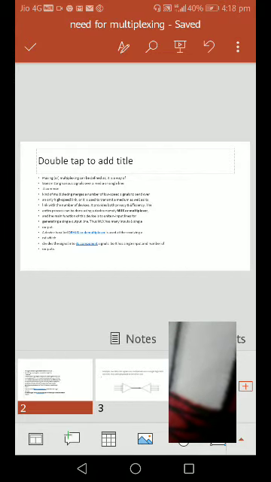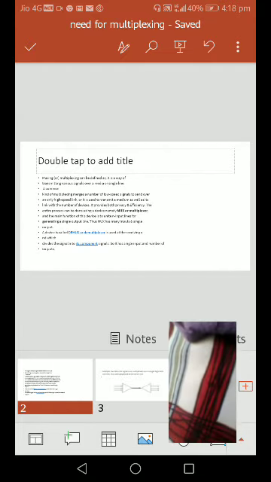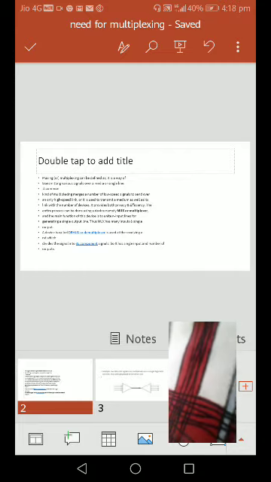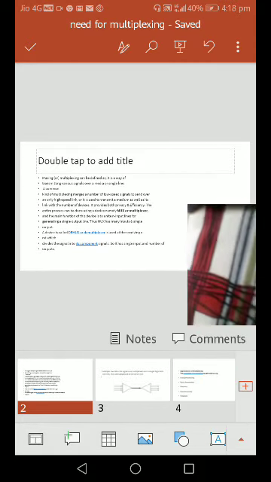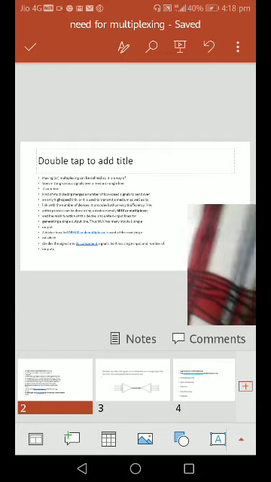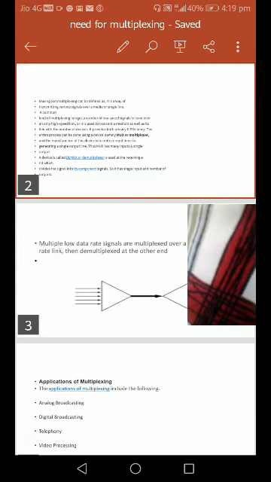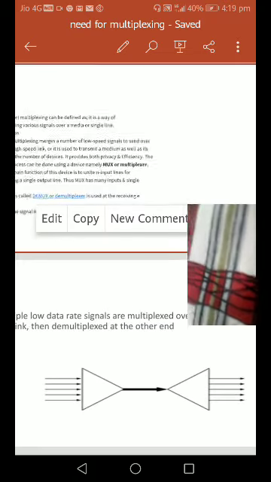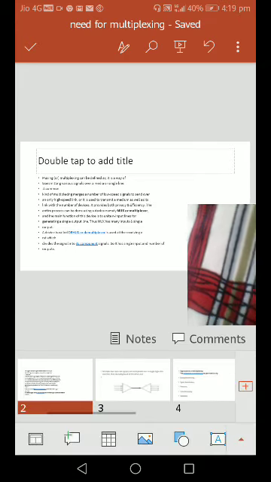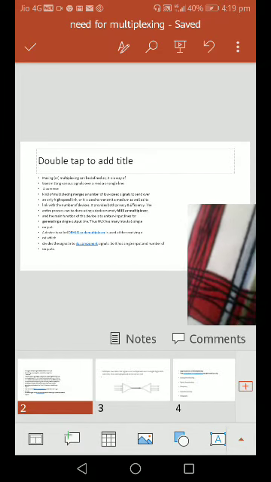The device is called a demux, or demultiplexer. A number of signals are multiplexed, and at the receiving end the demultiplexer divides the signal into its component signals.